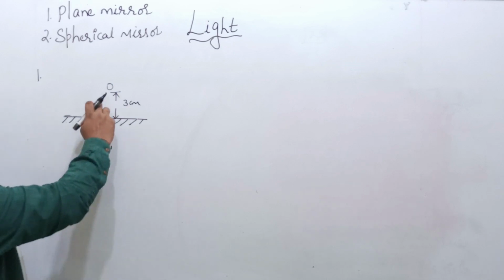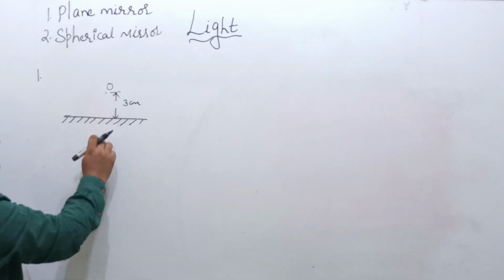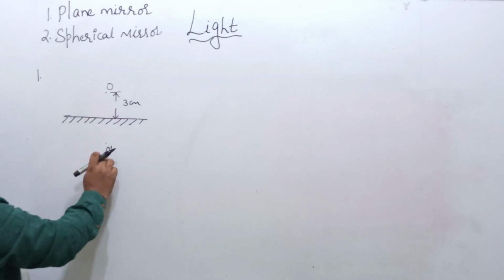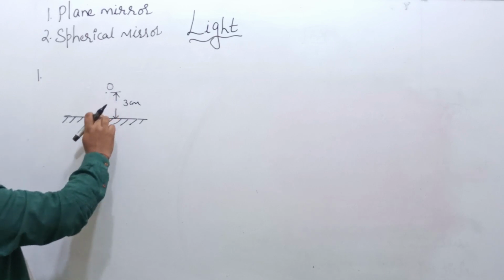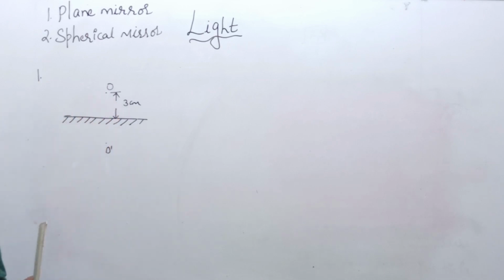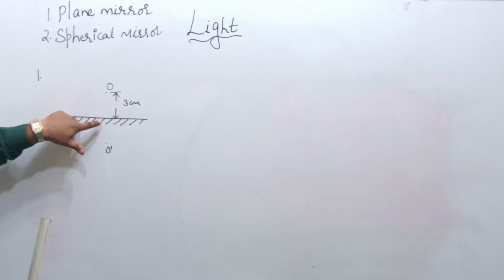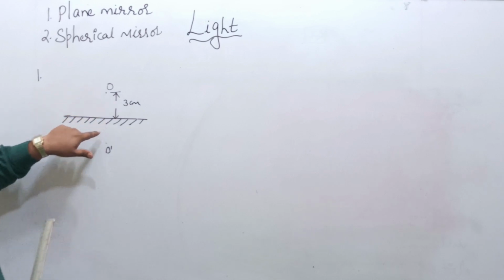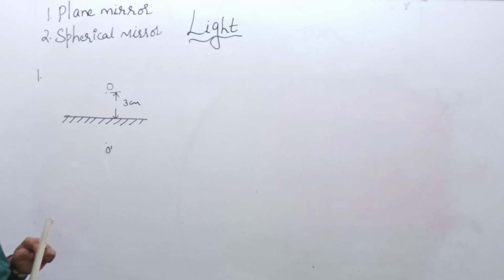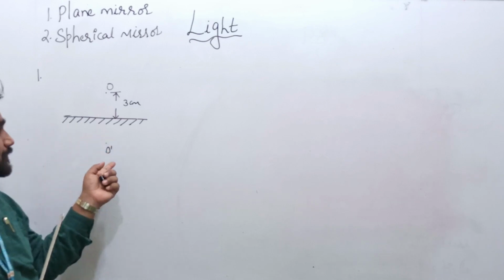So the distance of the image from the mirror will be the same as that of the object from the mirror. The object distance in front of the mirror is equal to the image distance behind the mirror.